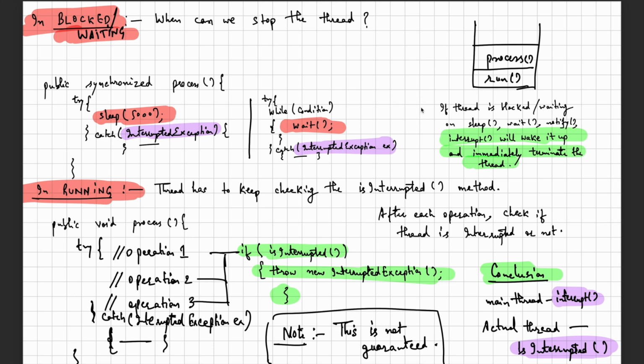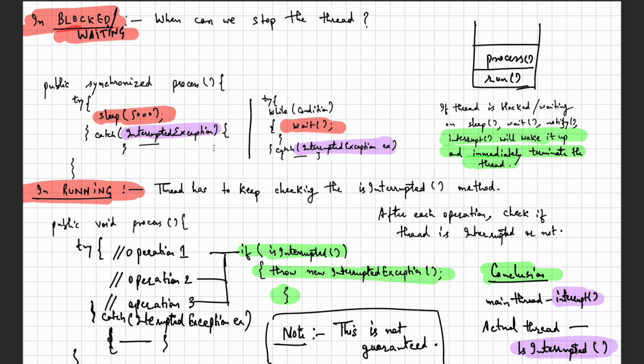Now if the thread is blocked or waiting on sleep, wait or notify, what would interrupt do? When you call interrupt, it will immediately wake up the thread and immediately terminate it. Now inside the catch block or the finally block, you can clean up the resources and revert the changes if data inconsistencies are there.